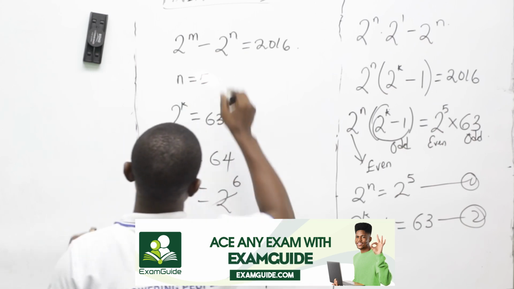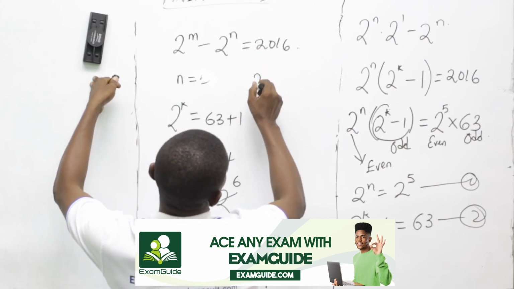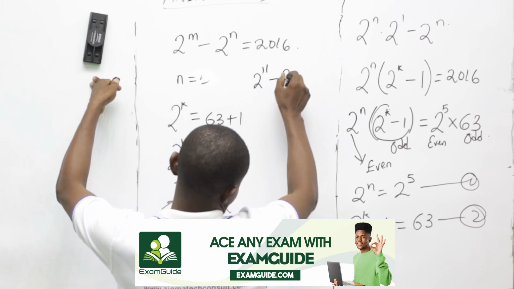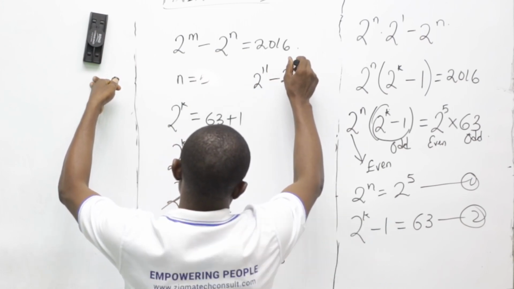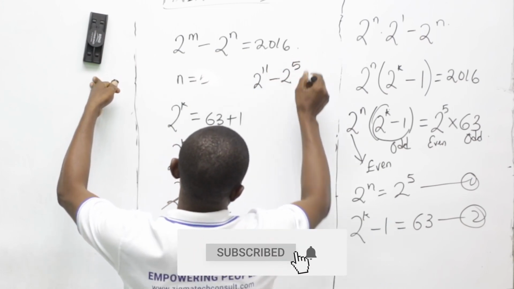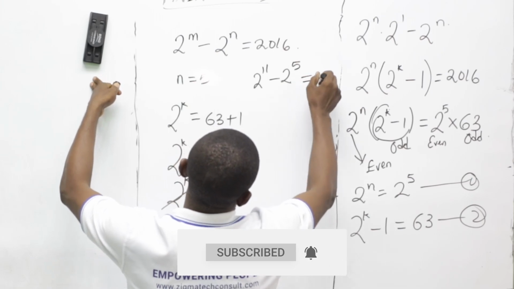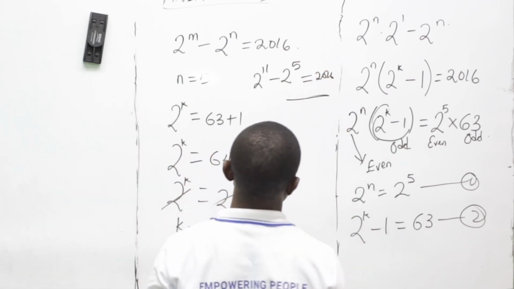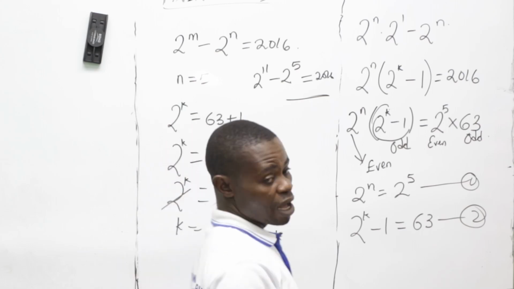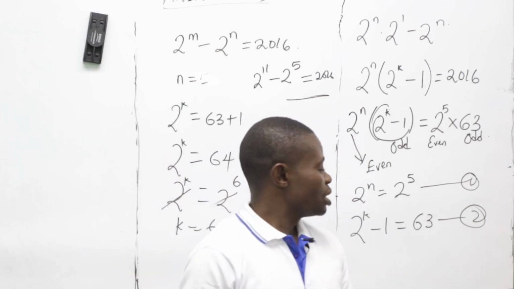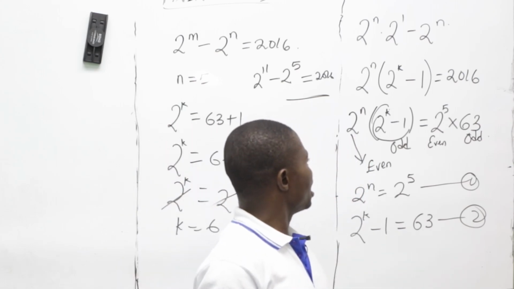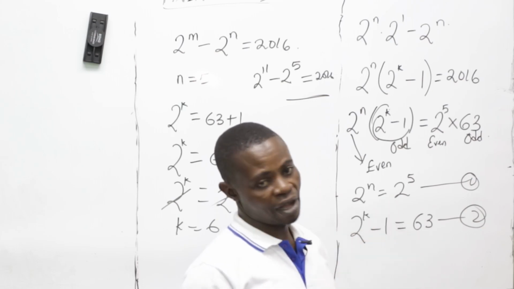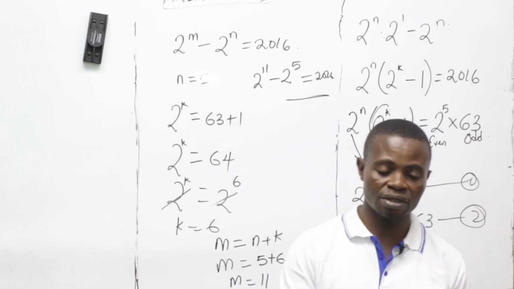So if you want to check this, we're going to see that 2 raised to the power 11 minus 2 raised to the power 5 will give us 2016. Therefore, m is 11 and n is 5. That settles that question.